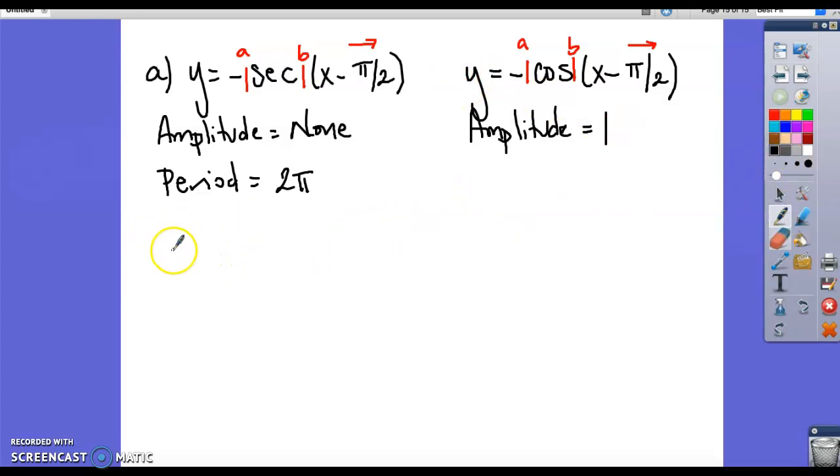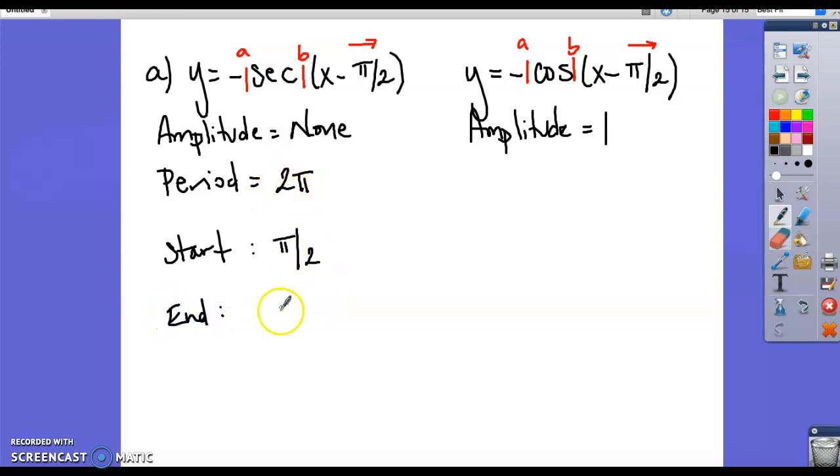My starting point, I'm shifting my function right pi over 2 units. So instead of starting at 0, I'm going to start at pi over 2.